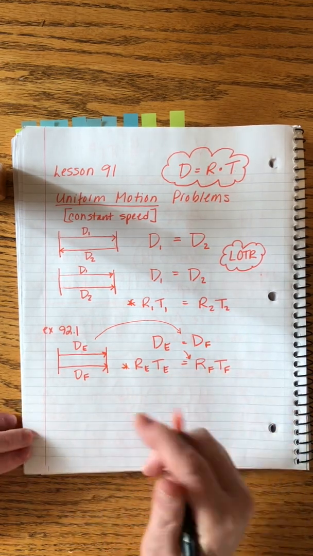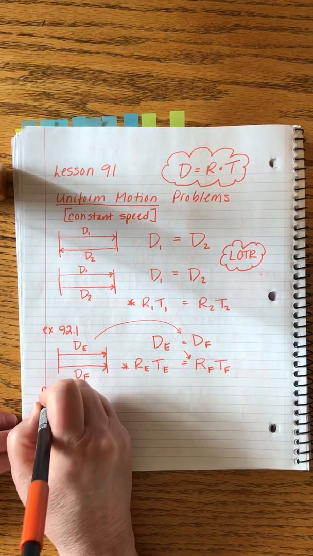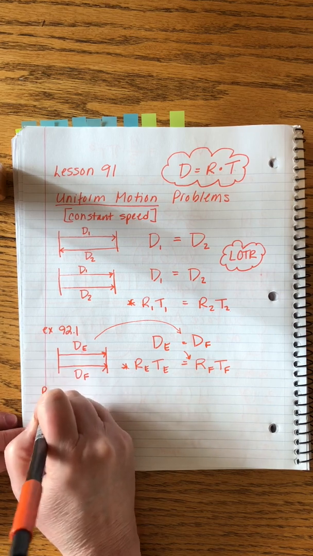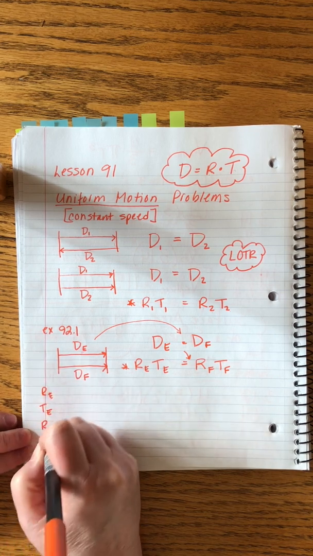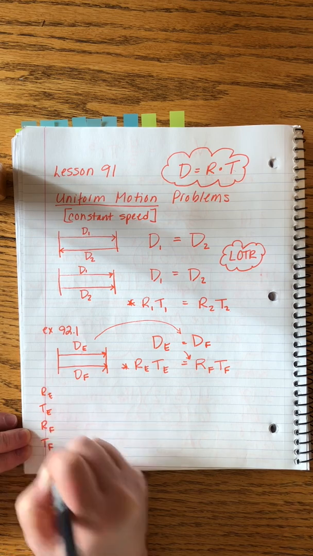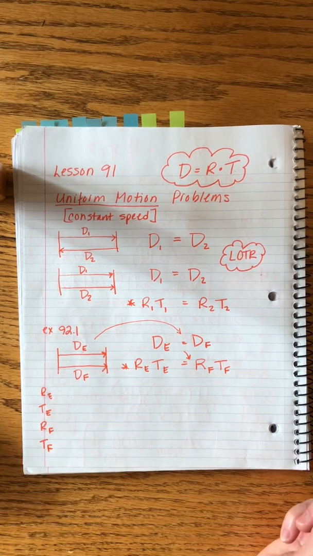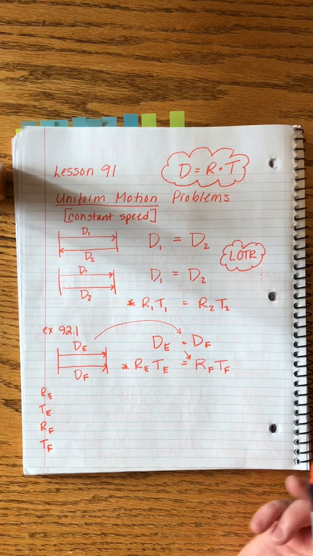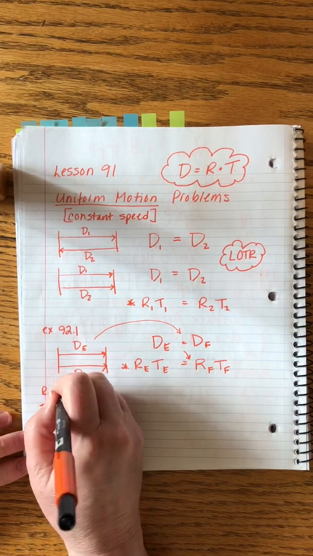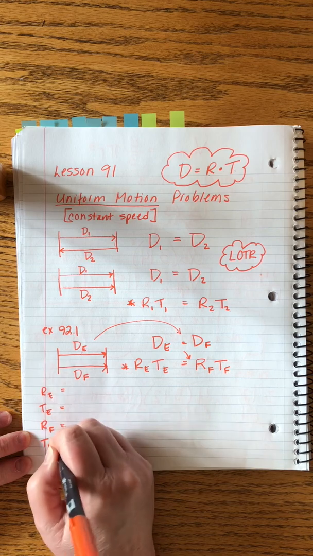Now, I know I need to find all of these variables in the story, and I'll get at least 3 of them and probably have to solve for the 4th. That's the way these usually work. So now that I have everything set up, I know what variables I'm looking for.